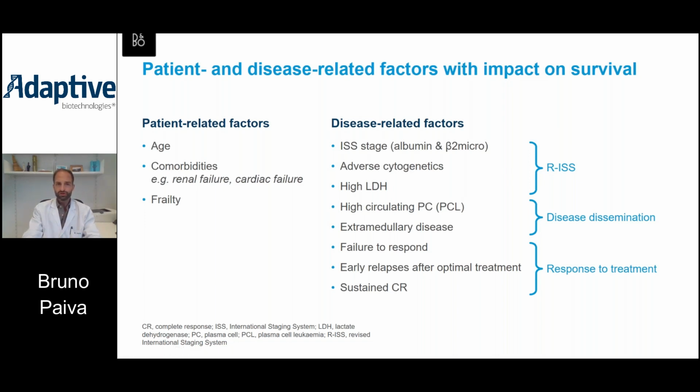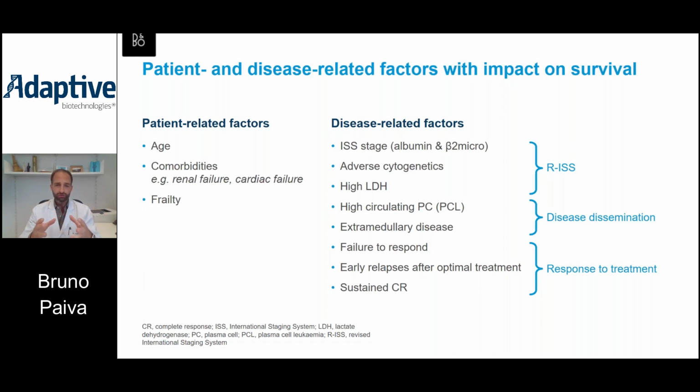Now we'll focus on those disease-related factors, such as the revised ISS, which is performed in every newly diagnosed myeloma patient. Also, some biomarkers that help you to assess the extent of disease dissemination that are performed at diagnosis, eventually throughout and at the end of treatment, and obviously response to treatment.